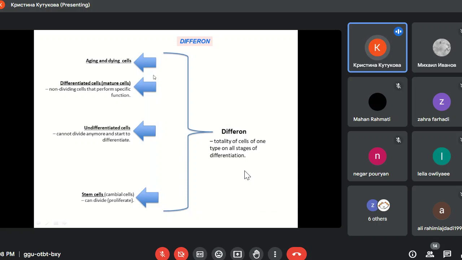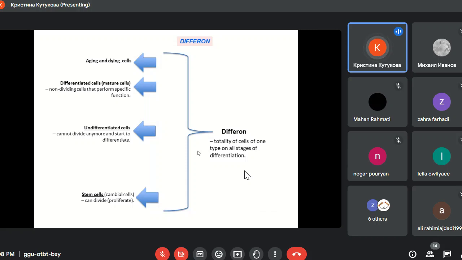These stages of life of one cell are called differon. So differon is the totality of cells of one type on all stages of differentiation. It means that in most tissues we will have cells on different stages of differentiation.